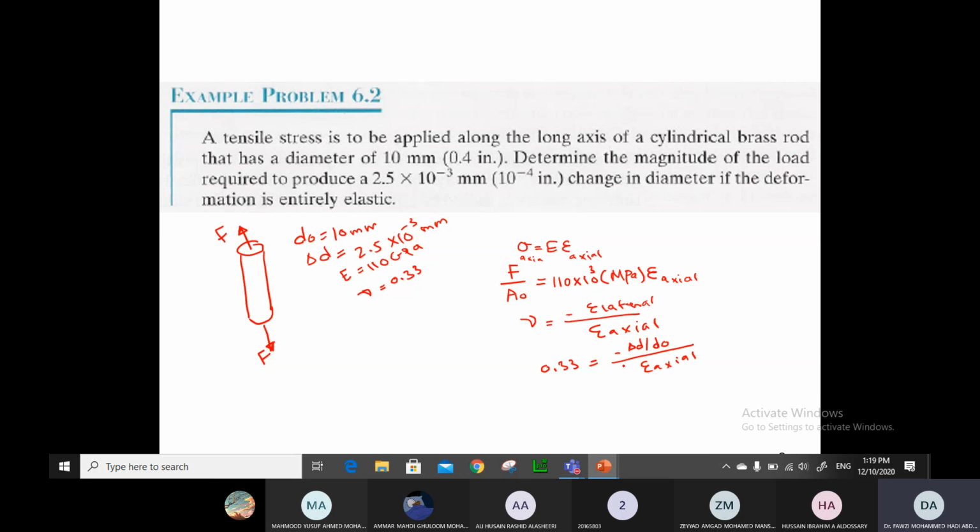So from this equation number 1, you can determine the value of the axial strain. You just plug the values there. So let's continue that.